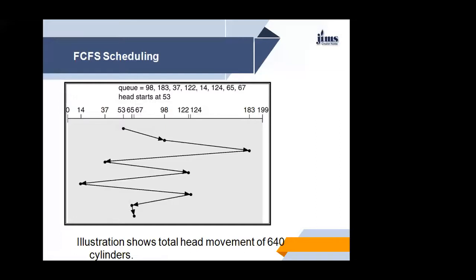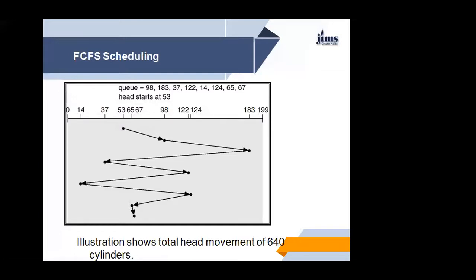So from this figure, you can easily see that the head movement is 640 cylinders. The wild swing from 122 to 14 and then back to 124 illustrates the problem with this schedule.